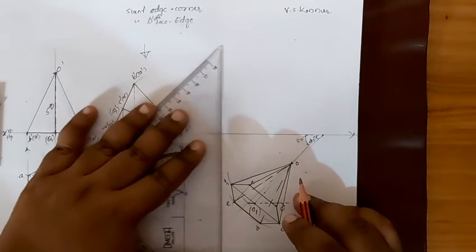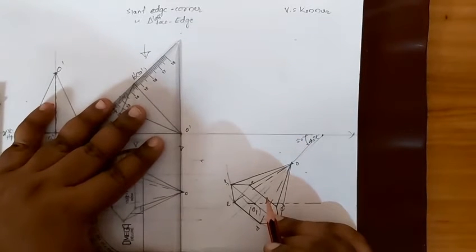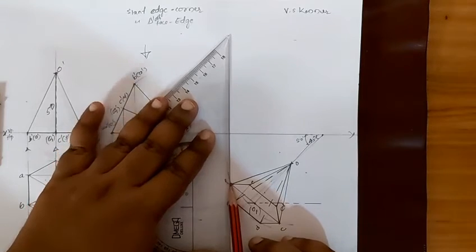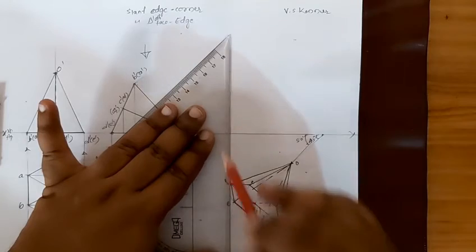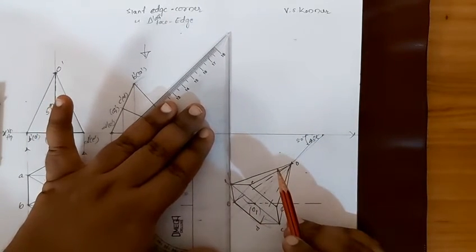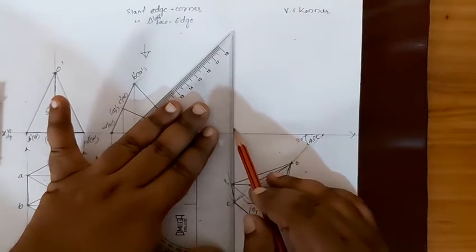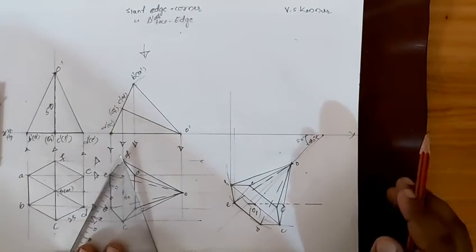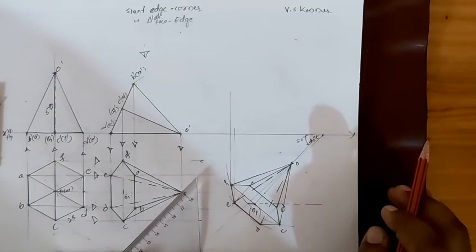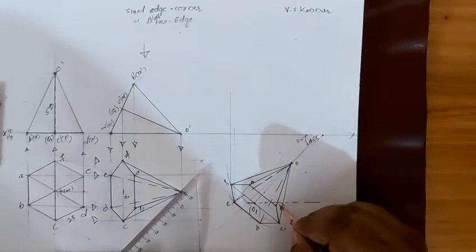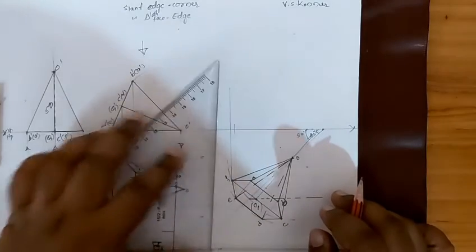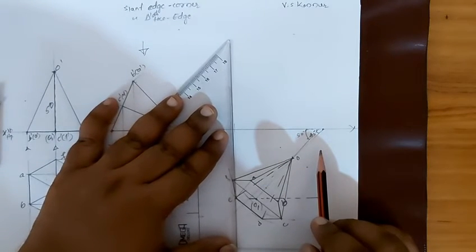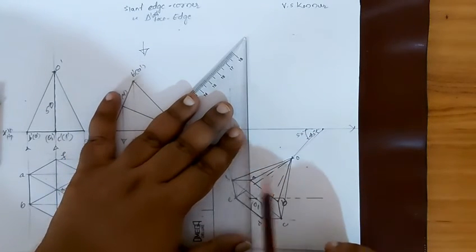Now we'll take parallel to this. From F point, E point, so this is A and B. Next, parallel to this, we'll move on to A. A is here.